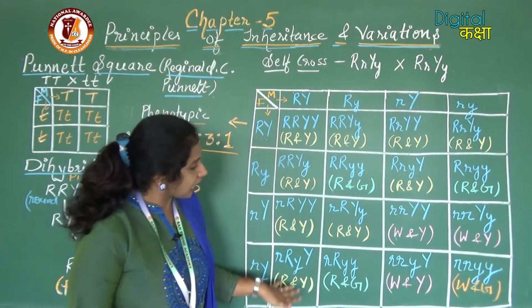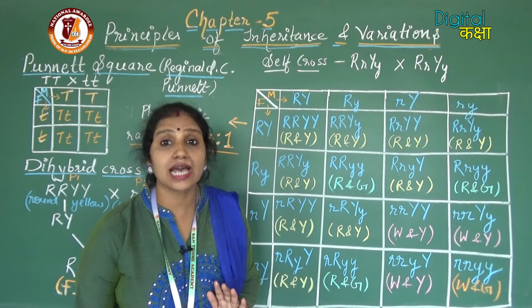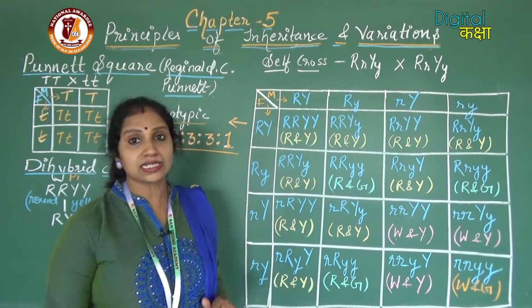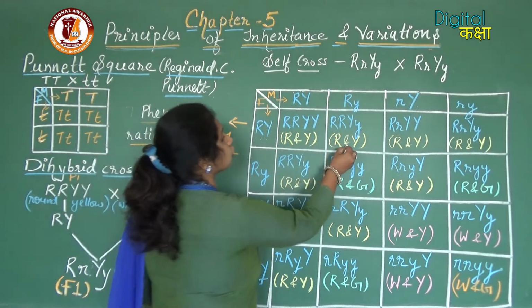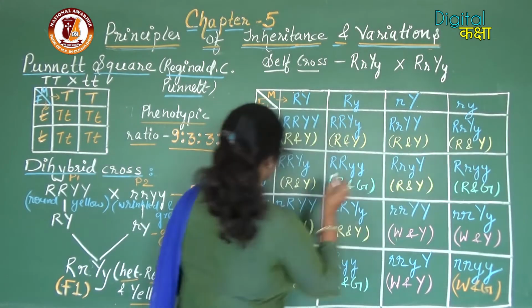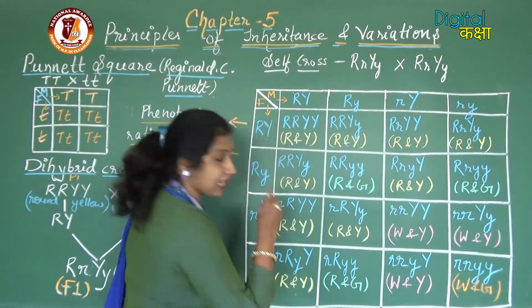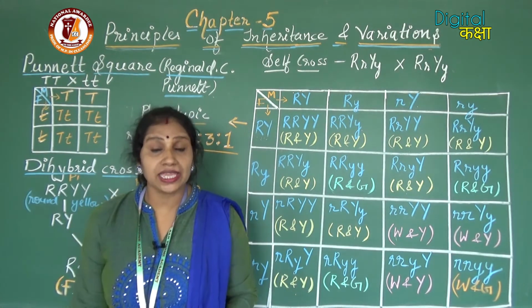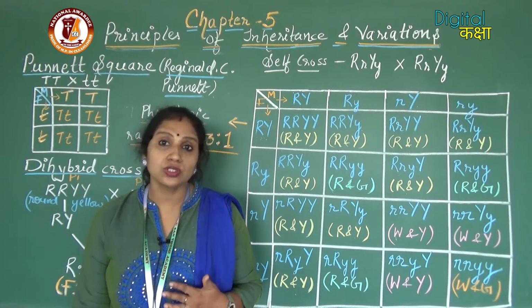In this way you can see how many round and yellow seeds are there. Let's count: 1, 2, 3, 4, 5, 6, 7, 8, 9. So there are 9 combinations of round and yellow seed.